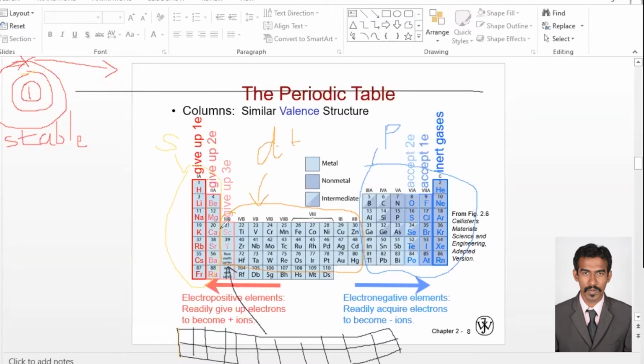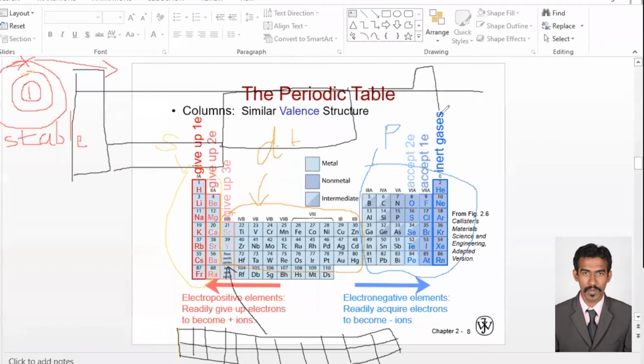Because if I insert these elements, the first two blocks will be somewhere here, then I have these elements at the bottom, which will take some space, then these many elements would come somewhere here, then these elements will appear something like this. So your periodic table is going to be too big, difficult to draw.